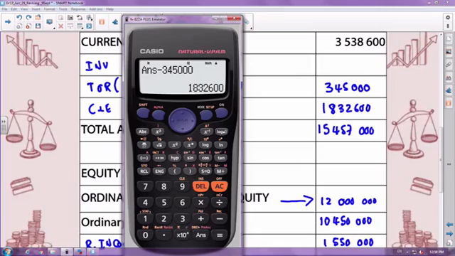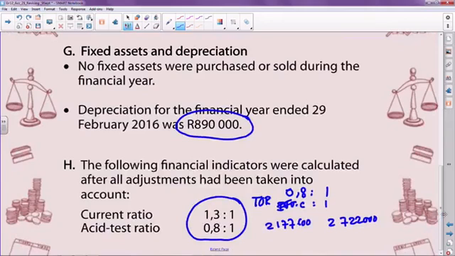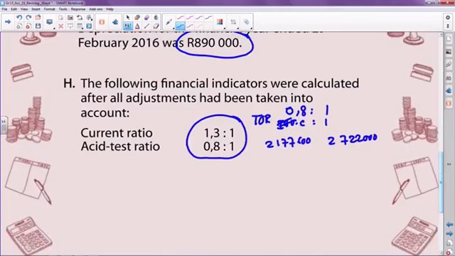Clearly you can see what you needed to do here was to use a financial indicator to be able to calculate your missing figure. Let's just re-explain so that we have absolute clarity. We said that our asset test ratio is 0.8:1, given. I know that my current liabilities amount to 2,722,000, and I know that this 0.8 is made up of two components. What are they?